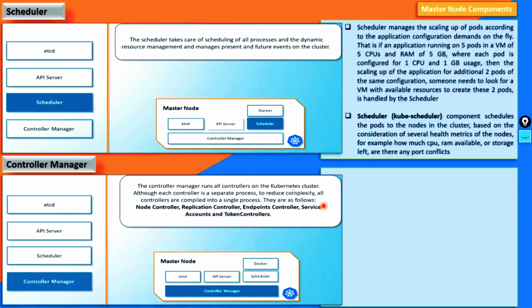Service accounts: Karthik was saying about RBAC, role-based access control. That is a part of security. So you create service accounts as part of that role-based access control, and that is also managed with a controller called the service account controller.